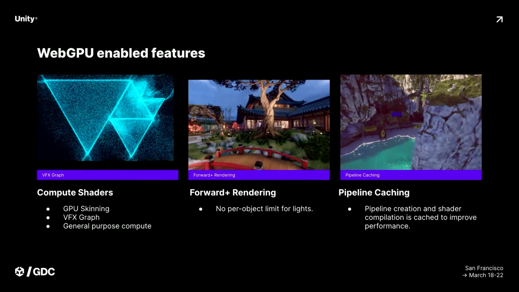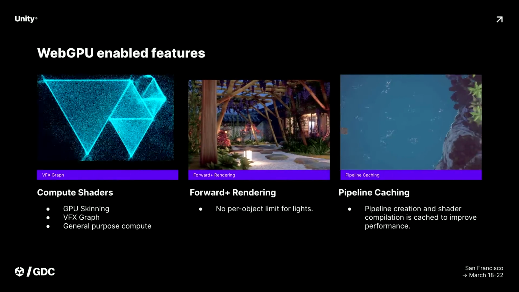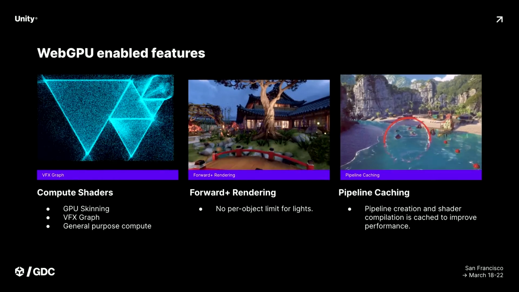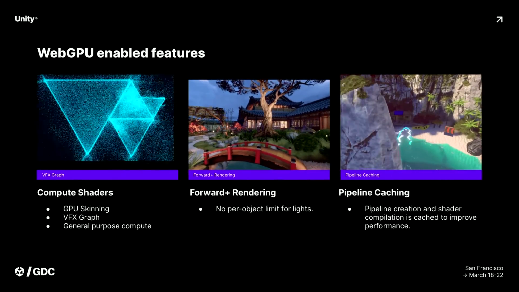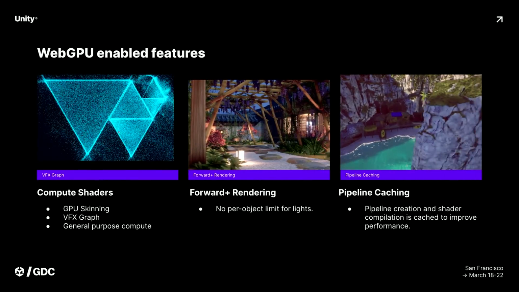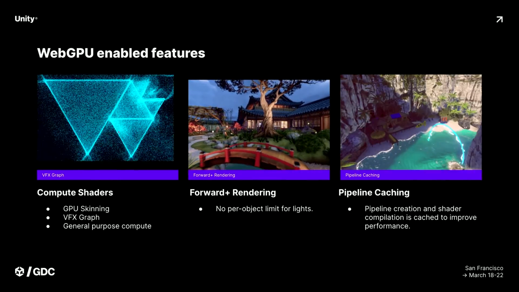We can do particle systems with VFX Graph, which was never available on WebGL because it makes heavy use of GPU-driven particle systems. And we can just do whatever you want with compute shaders. You can write a compute shader in Unity, and it'll work. So you can do marching cubes and ray tracing and all that fun stuff.